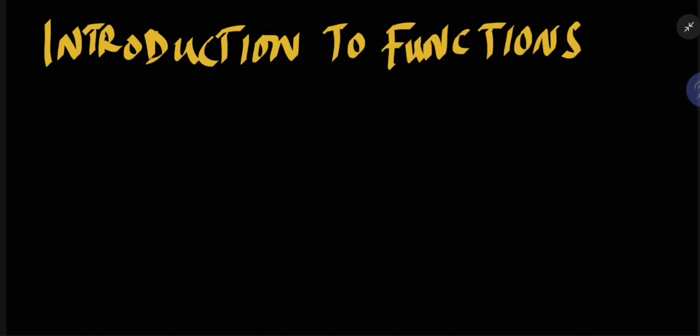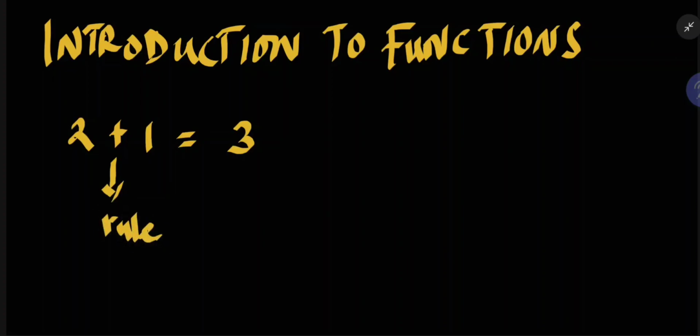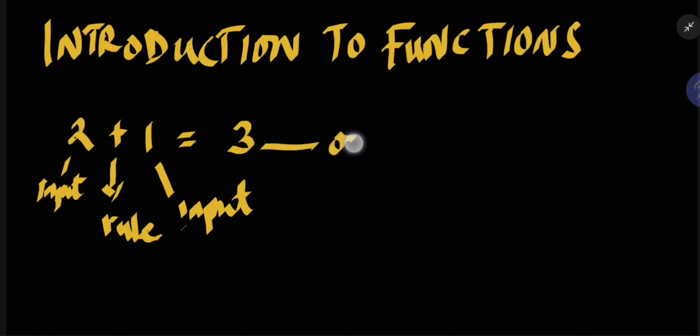Another good example would be when you use your calculator. If you input 2 plus 1, the calculator gives you 3. Now this plus sign, or the addition, is the rule, and this 2 is your input, and this 3 is your output. So a function is any rule that assigns a value to every input.